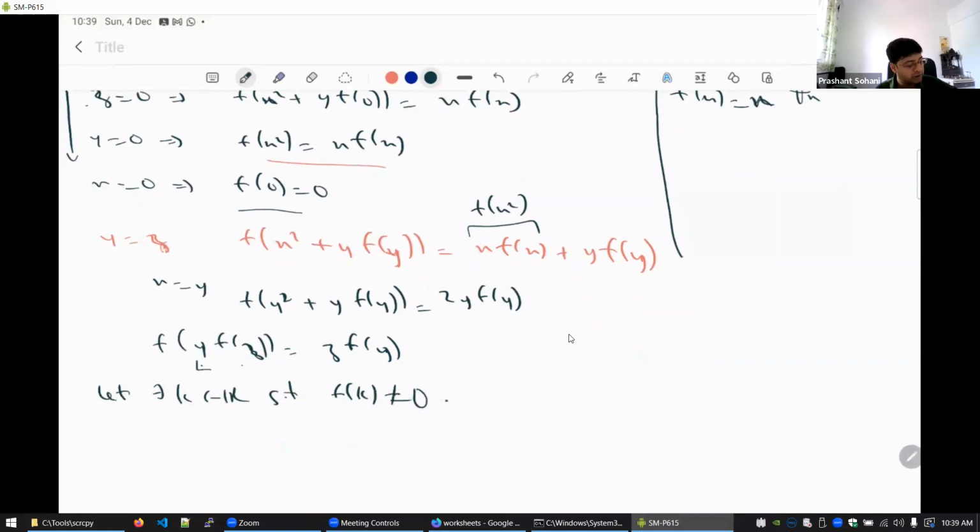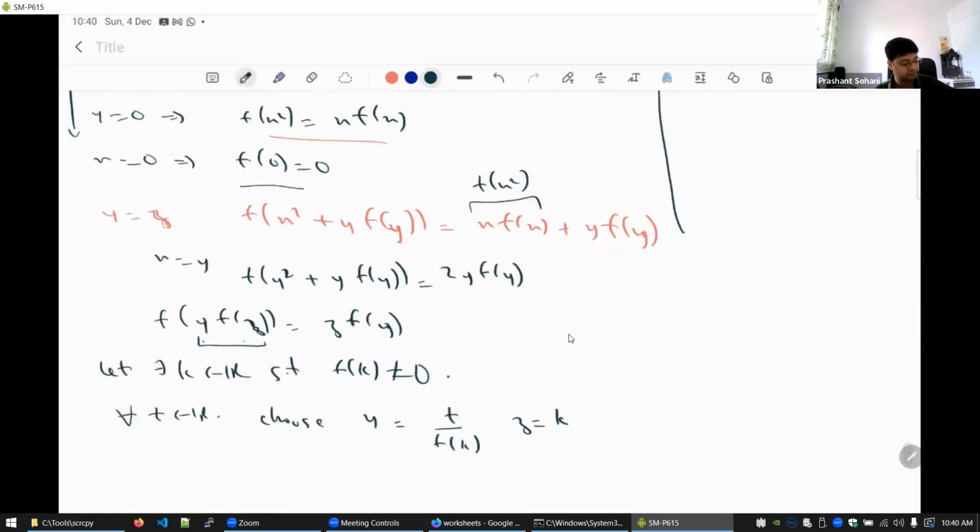So now if you see the expression y f of z, by changing the value of y, I can force this to be any real number. So for any real number t in R, I can choose y equal to t upon f of k, and I choose z equal to k.